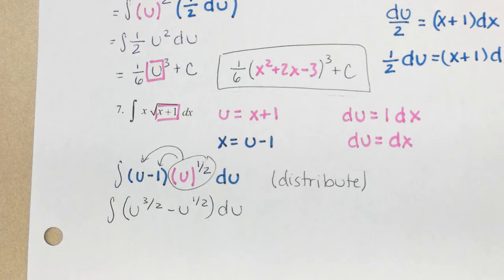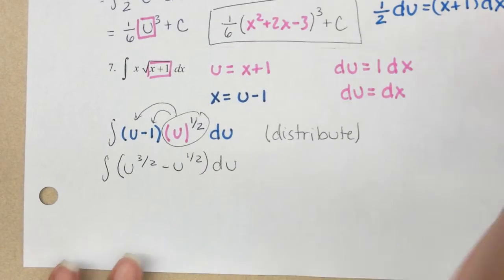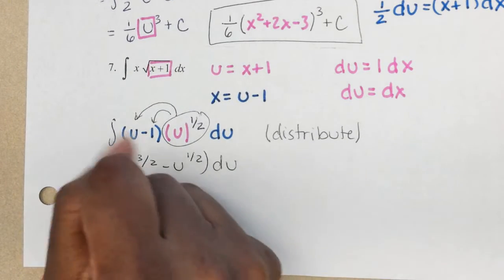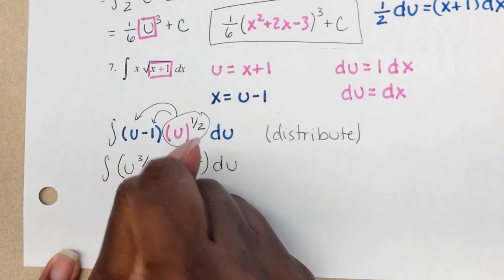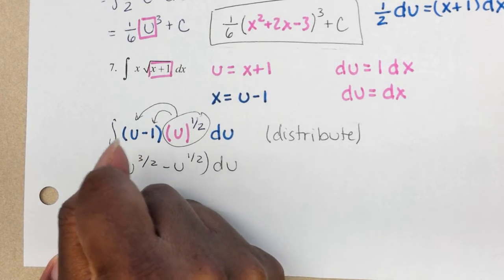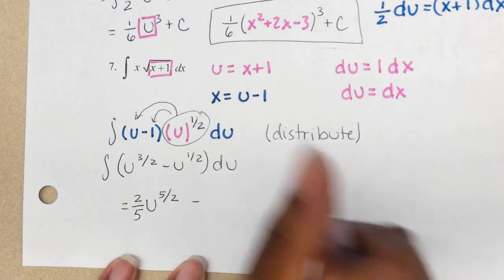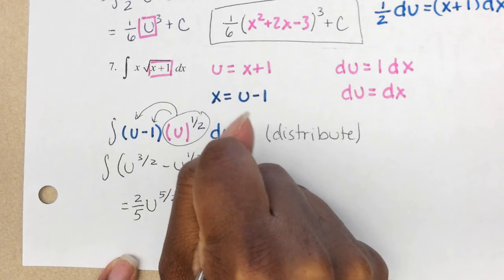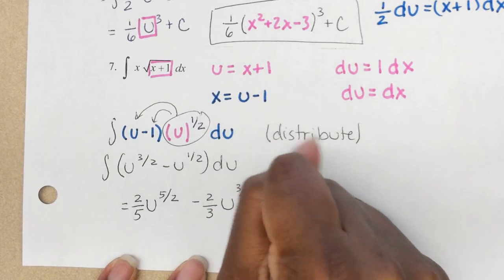And now I can integrate this. I know how to. So I have u to the 5/2 and 2/5 minus u to the 3/2 and 2/3 plus c.